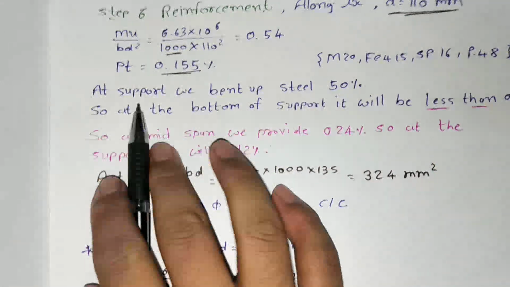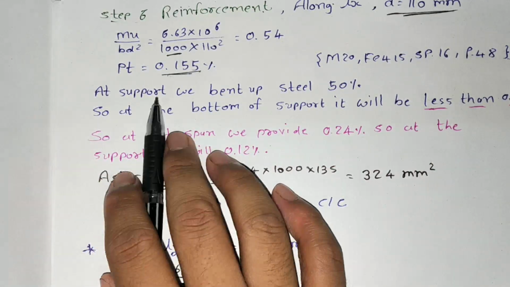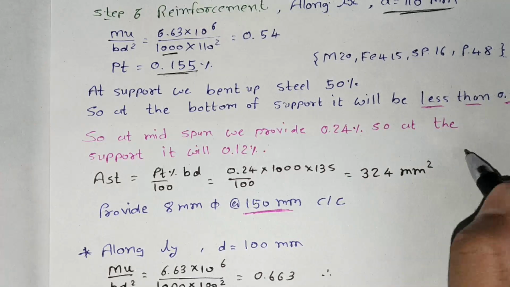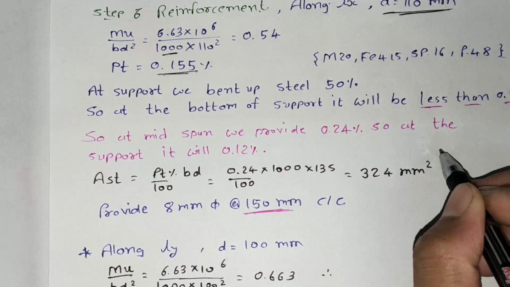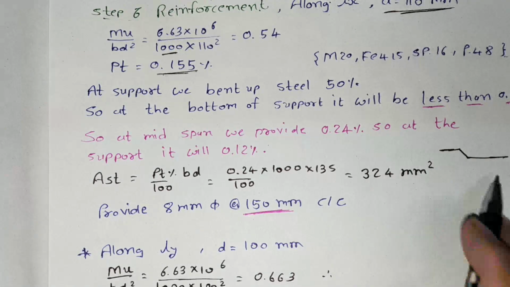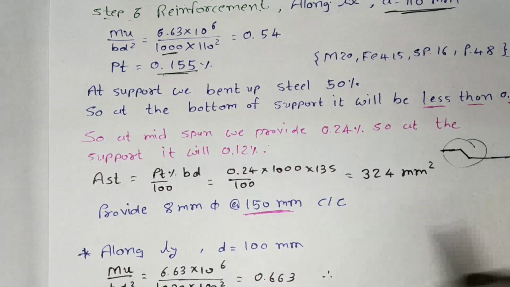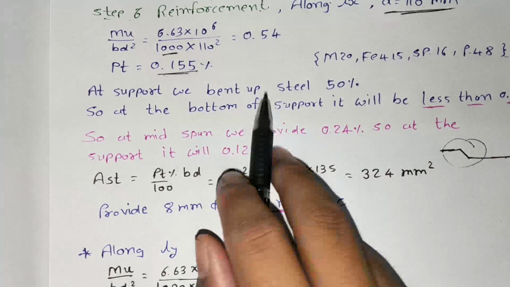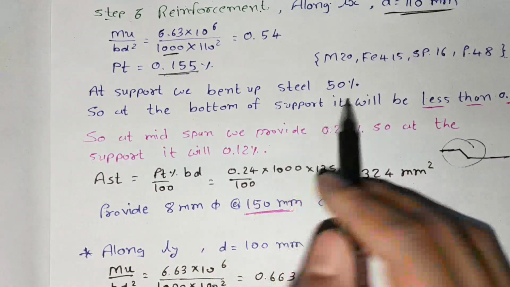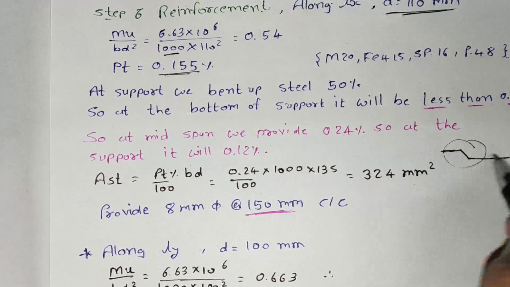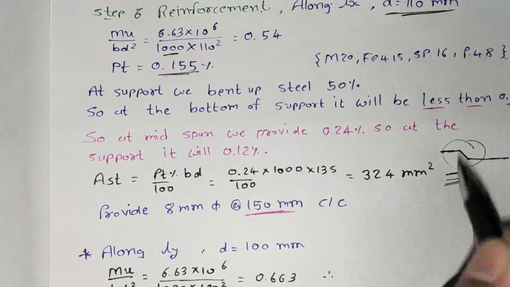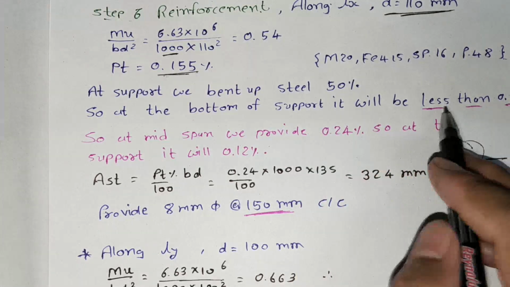So here is one condition: at the support we bend up steel, 50% bent up. That means we are providing steel at the support like this. So this is the bent up bar. At the support, the bent up will be 50%. So at the bottom of the support, for this part, it will be less than 0.12.